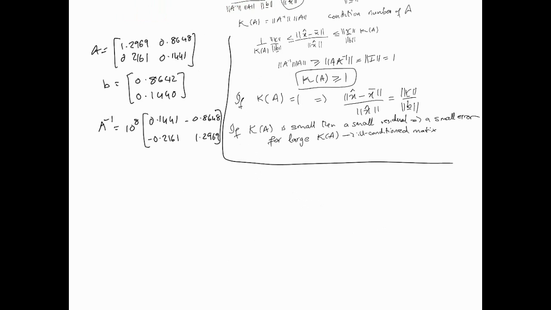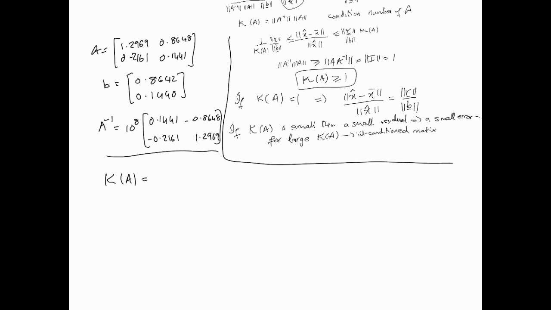Now, in this case, you can clearly see that this is 0.2161. You can see this is the inverse here. I've got the inverse here for you, and you can see that if I were to calculate now the condition number, let me just calculate it piece by piece for a second.